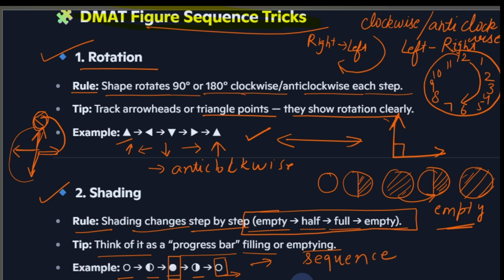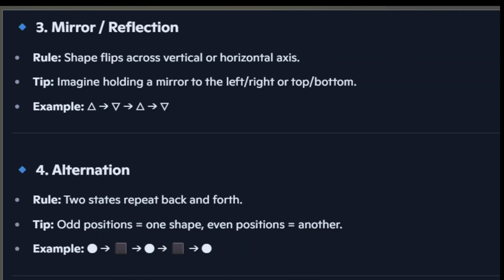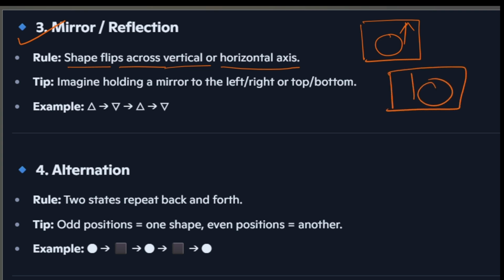So first is rotation, second is shading, third is mirror or reflection. Shape flips across vertical or horizontal axis. You know that when there is a mirror and you are a person who has the left hand side up, in the mirror the right hand side would be up.